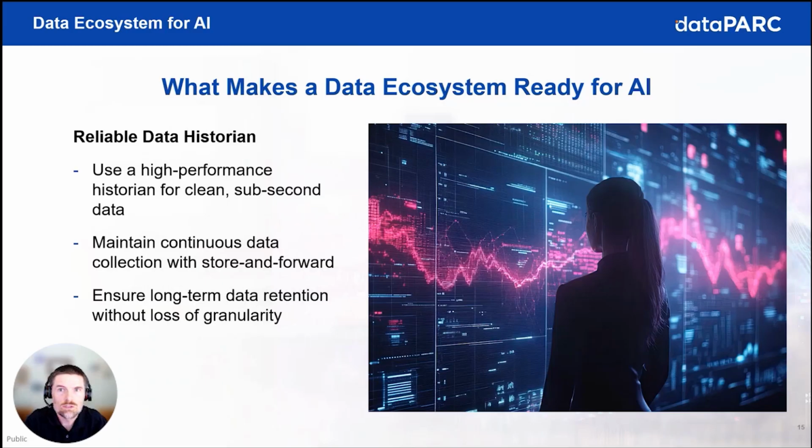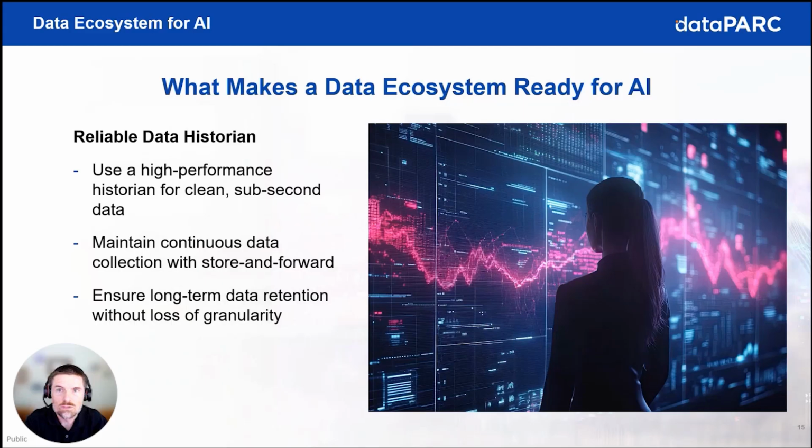But then also on the other side, the historian needs to be able to rapidly and reliably serve that data to the users, which an AI application is typically a heavy data user. So it needs to be robust for that. And the other thing to keep in mind is that AI applications often need long-term data history with high resolution for training.